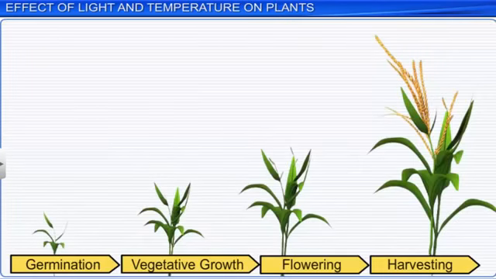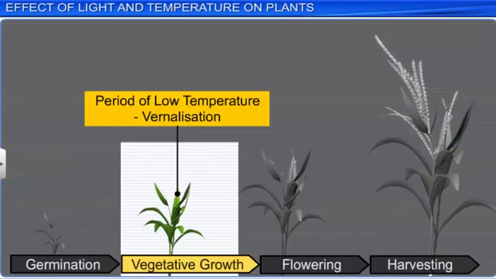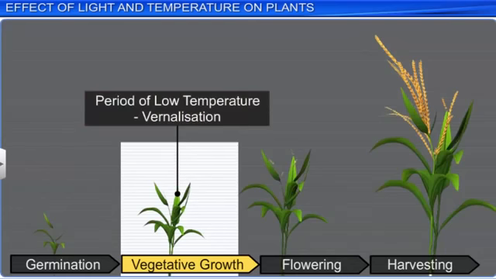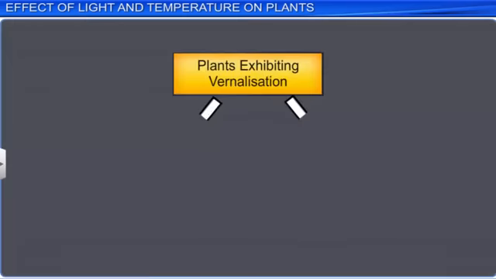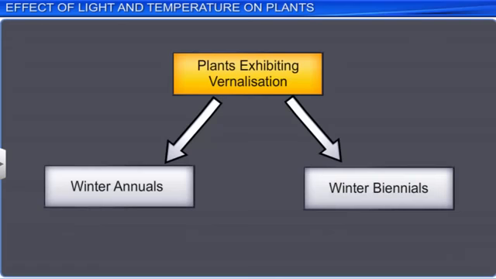Since these plants need to be exposed to low temperatures for a specific period, vernalization provides the time for vegetative growth and hence prevents early flowering. Plants that exhibit vernalization include winter annuals and winter biennials.